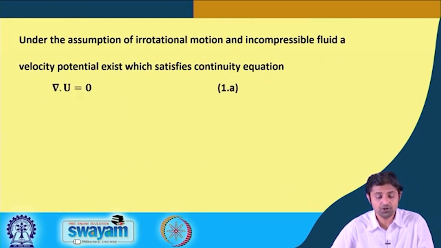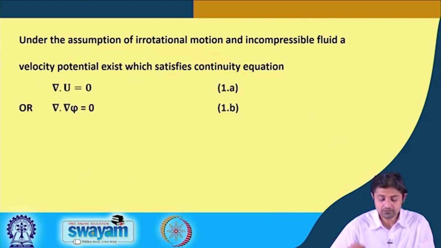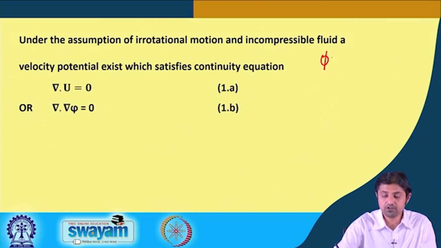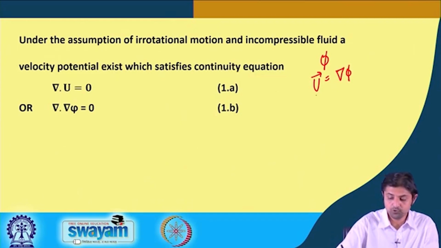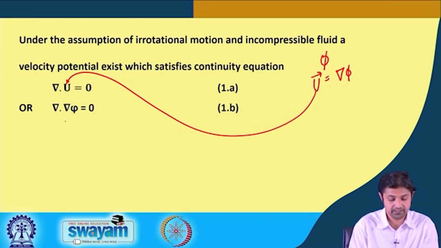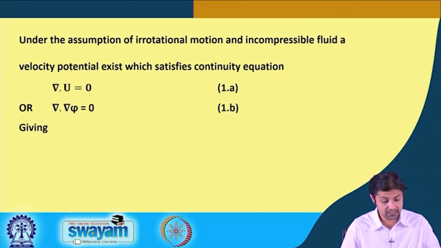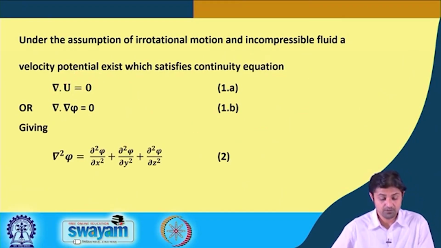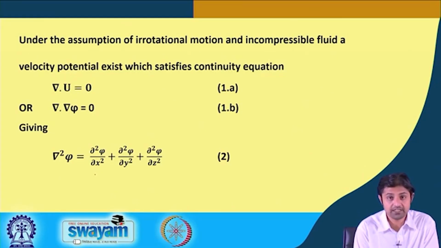That means del dot u is equal to 0. Let us call this equation 1.a. Or we know that if there exists a velocity potential phi, then u can be written as del phi. So putting this here, we will get del dot del phi, and this is nothing but del square phi, which means del square phi by del x square plus del square phi by del y square plus del square phi by del z square.